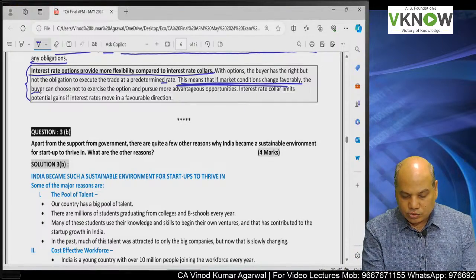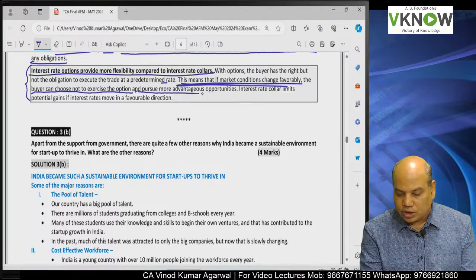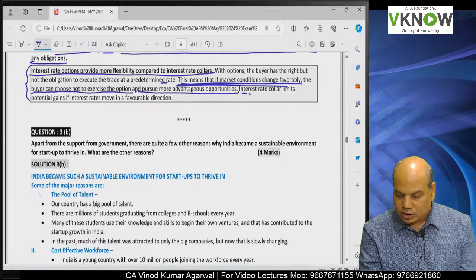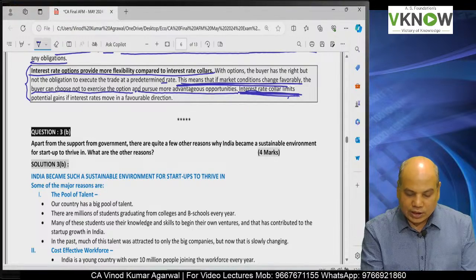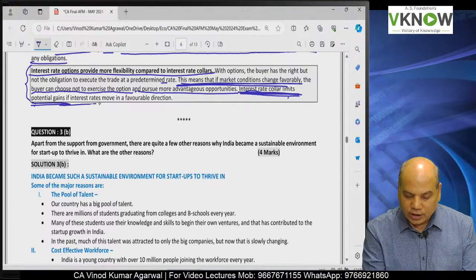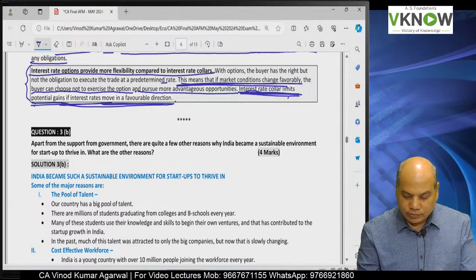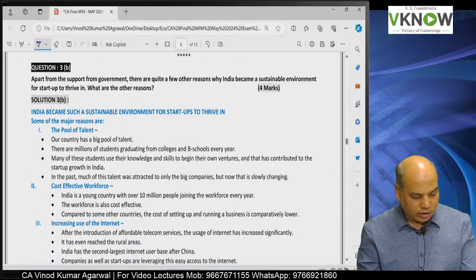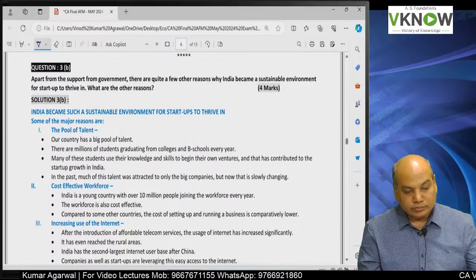The buyer can choose not to exercise the option and pursue more advantageous opportunity. Interest rate collar, this is the drawback of interest rate collar, limits potential gain if interest rate moves in a favorable direction. That was question number 3A, based on interest rate risk management.